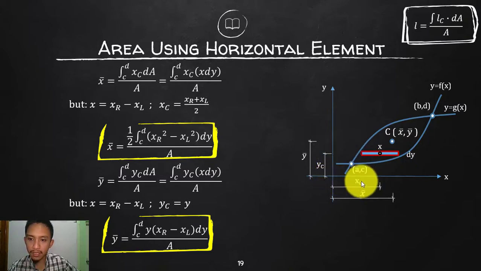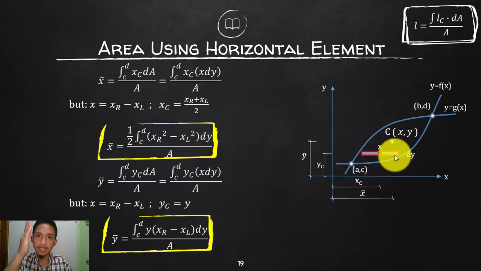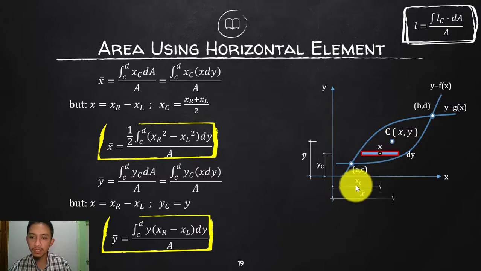So what I need is x sub c. And what is the centroid? Since that is just a strip, it will actually serve just like a line. For you to balance a line, the balance point is exactly at the middle, isn't it? So therefore, the centroid of that strip, since we are talking here of x sub c, is just the half, or just the middle of the strip.